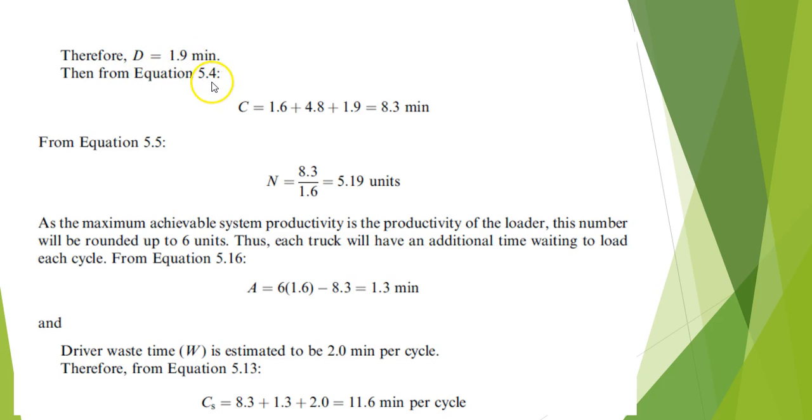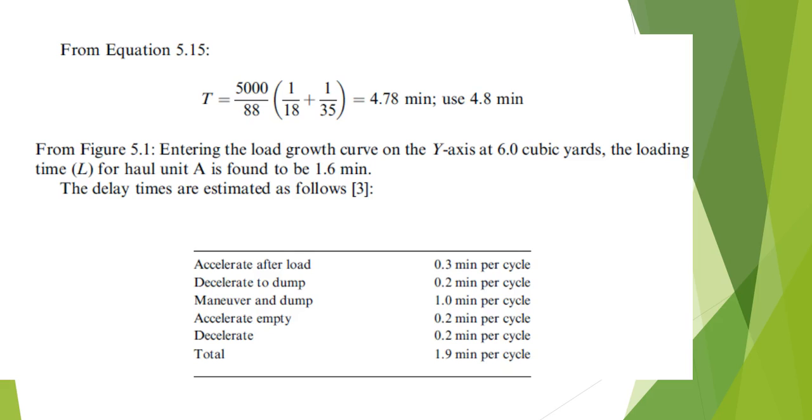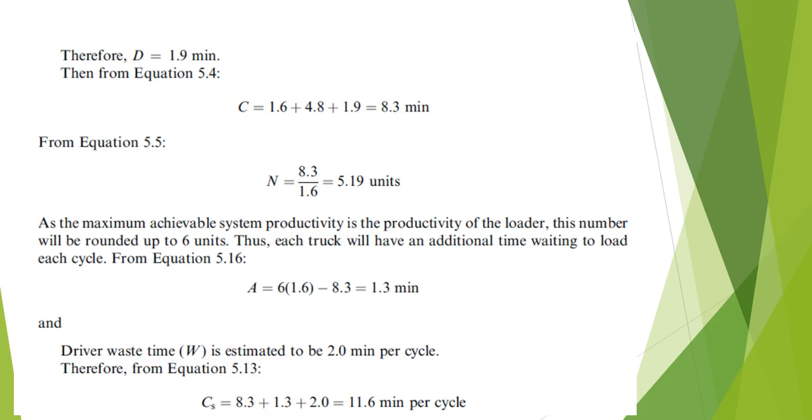Then we can go back to equation 5.4 and find that the total cycle time is 8.3 minutes. And then we can go back into equation 5.5 and find that 5.19 units for that particular truck, the smaller truck, is the optimum number of units.